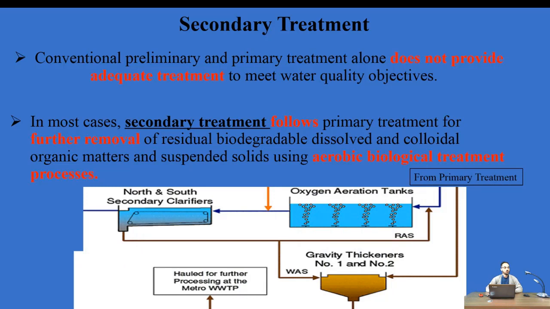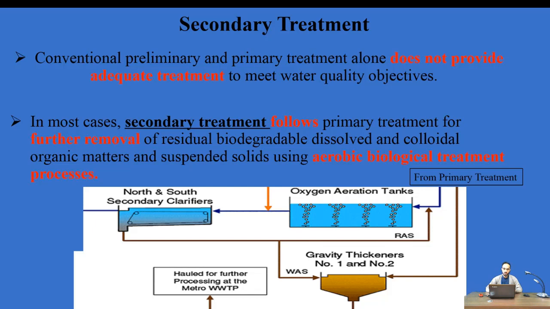The compartments of conventional activated sludge biological treatment consist of two tanks. One tank is called the aeration tank. After the aeration tank, the effluent will go to the secondary clarifier.